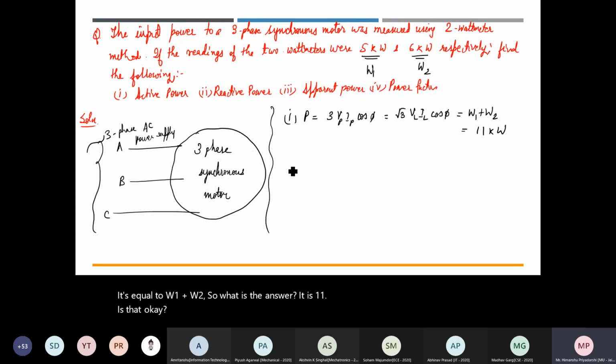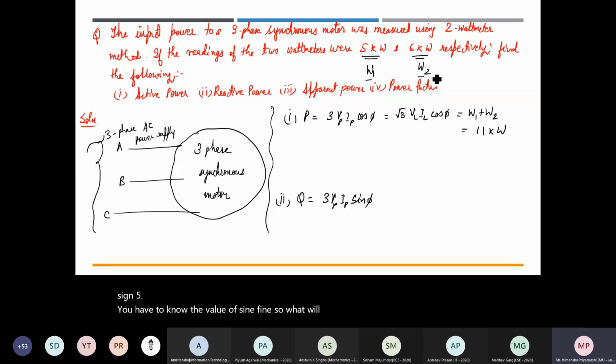Now to find reactive power, you have to know the value of sin phi. So what will help you is these two values.